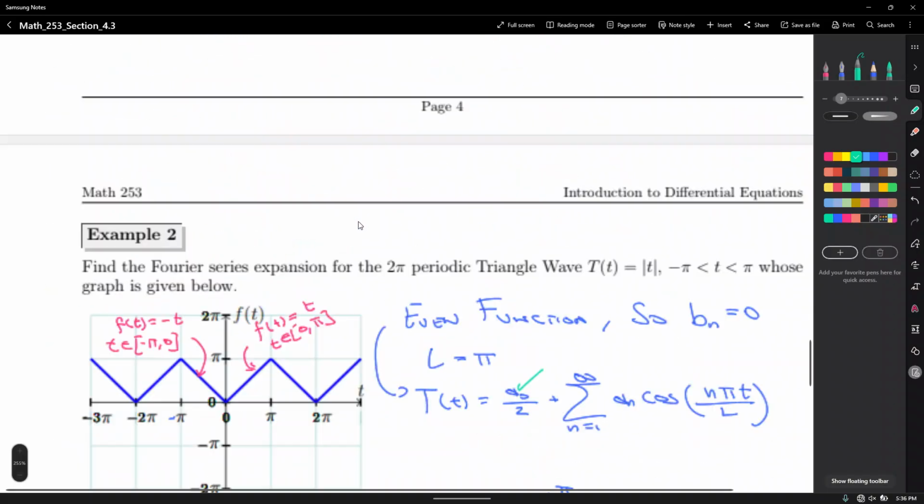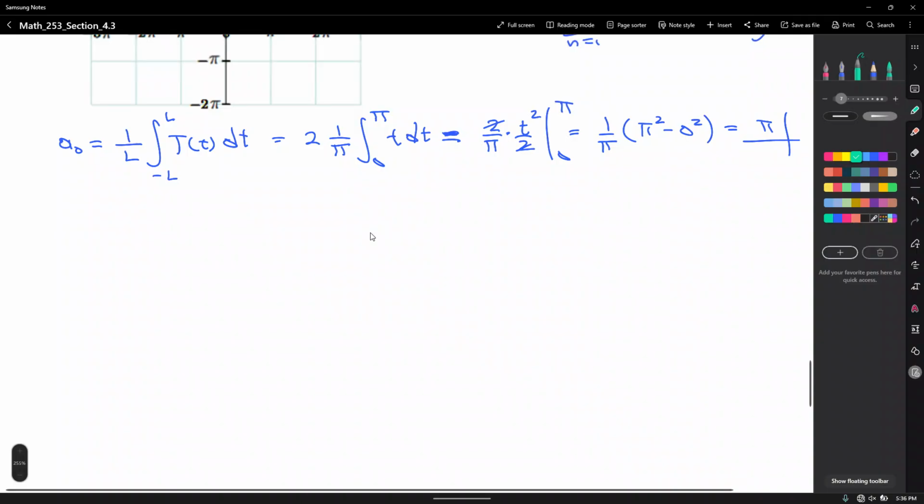Okay, so that's the cosine one this time. So now a sub n equals 1 over L, first of all, integral from negative L to positive L of the triangular wave T of t, cosine of n pi t over L dt.